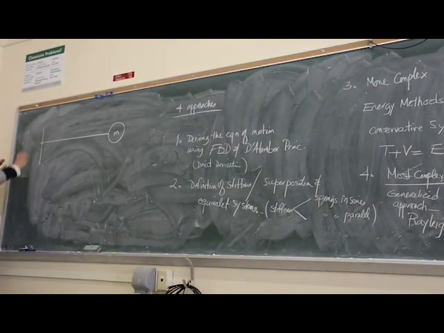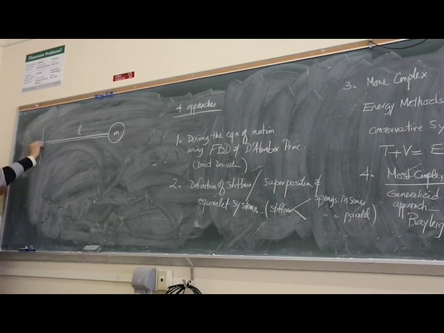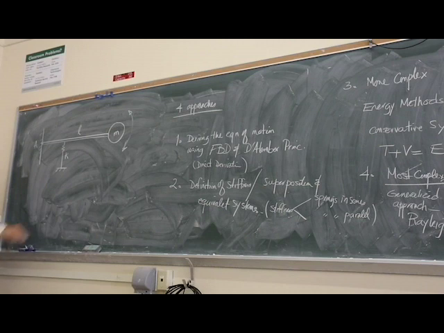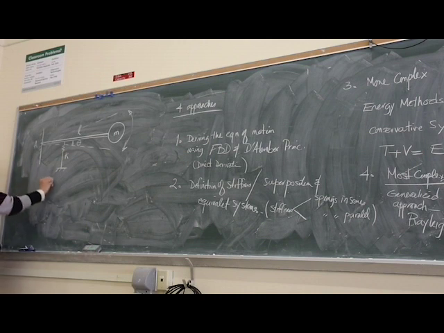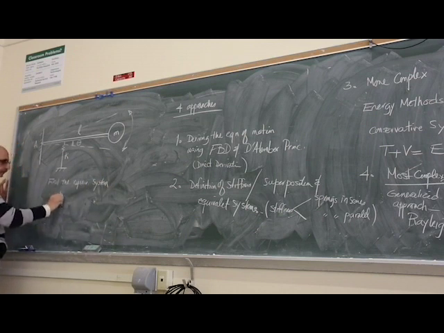There's a mass here, and this rigid beam has a length of L, pinned at this point A. Somewhere along this length, you have attached a spring that has a stiffness of K, and this beam is oscillating back and forth like this, going through an oscillation defined by this angle theta. You want to find the equivalent system.